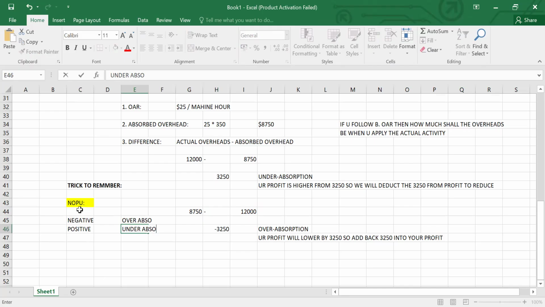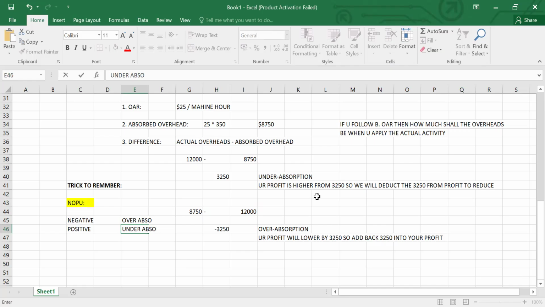NO: negative, over. PU: positive, under. If you remember this trick, you will never be confused about the signs, whether it is over or under.